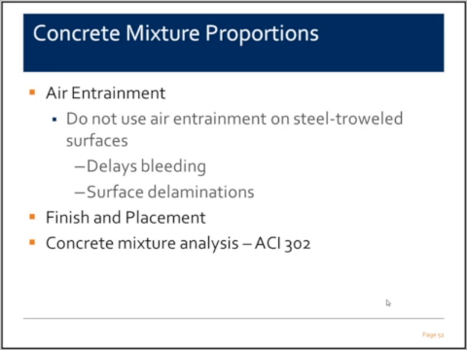We don't want something that the contractor is going to have difficulty finishing, and we also don't want placement issues. We want to make the mix so it consolidates easily. And in ACI 302, they actually have an algorithm that you can follow to help you determine concrete mixture proportions based on a few of these design considerations that I've already gone through.